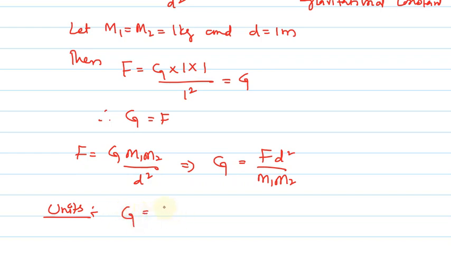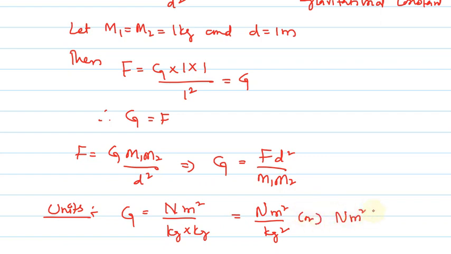Capital G is equal to force in newtons, distance measured in meter square, upon mass, kilogram into kilogram. So we have M1 M2, and we can write this as newton meter square upon kilogram square, which can be represented as newton meter square kg to the power negative 2.